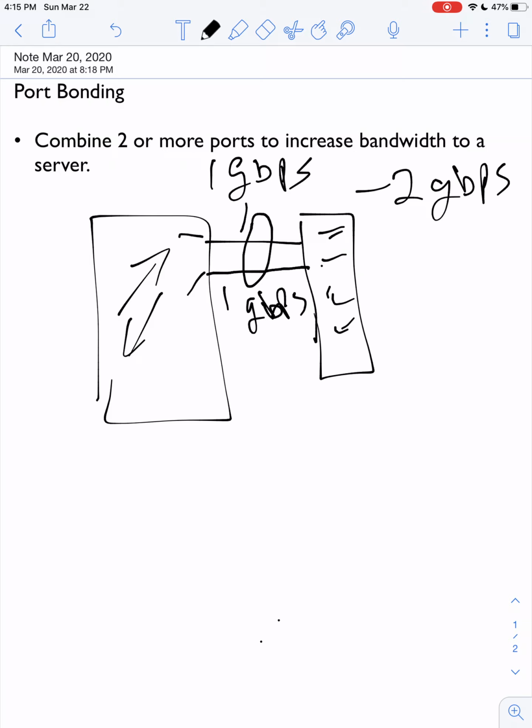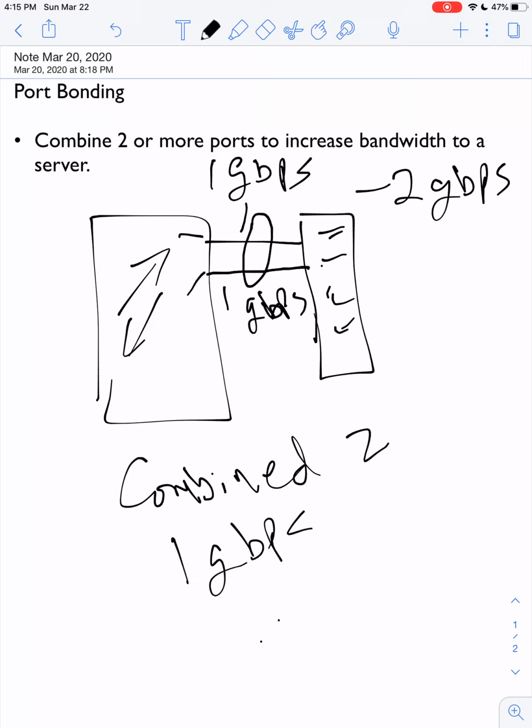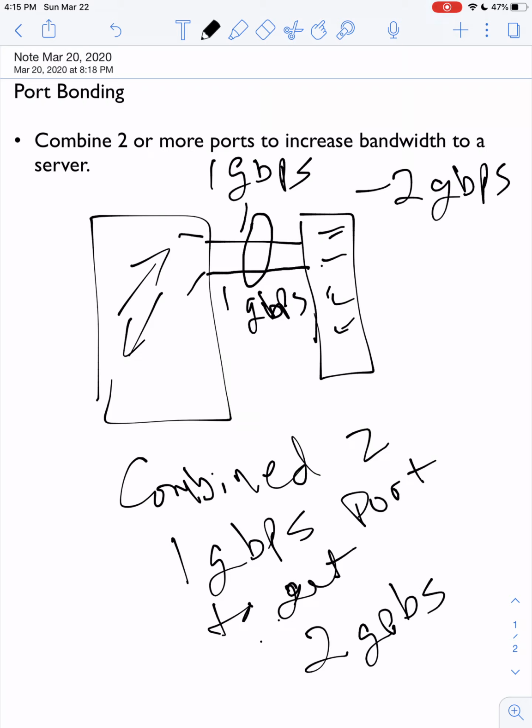And depending on the operating system you have here and the switch you have here, getting 4 or even 8 ports bonded is not unusual. So again, in this situation, we combined two 1 gigabit per second ports to get a 2 gigabit per second transfer.